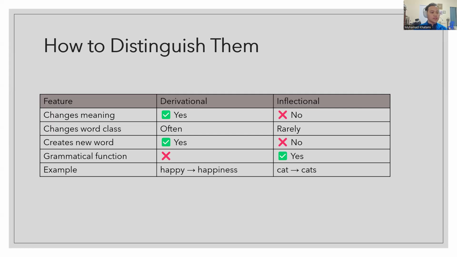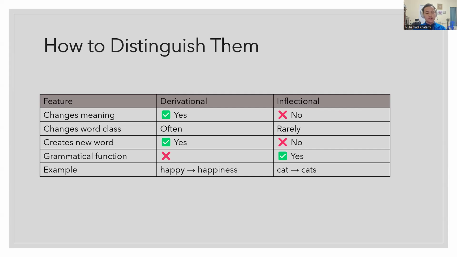Next, we'll see if it changes the word class. If it's, in most usual cases, changing the word class, then it is derivational. There are some very specific exceptions, but in normal conversation it usually is derivational.